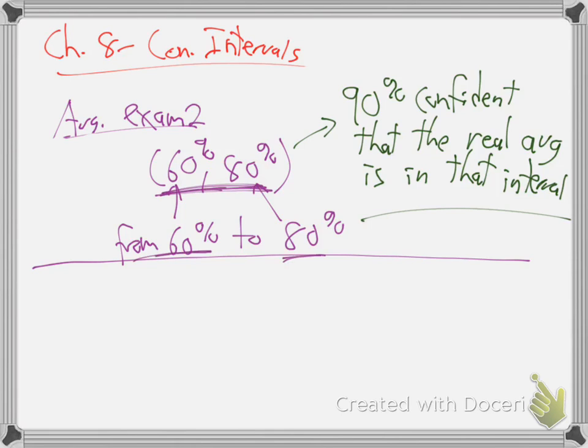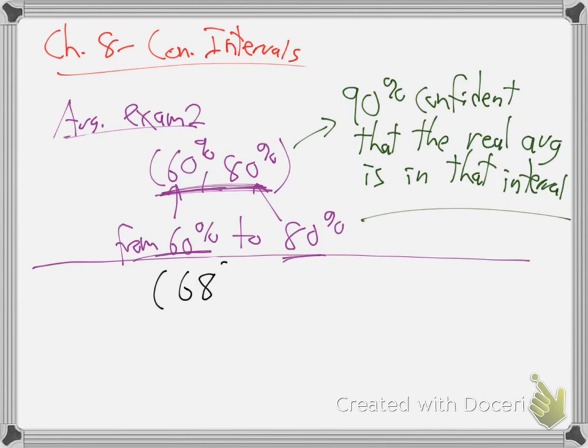Now think with me. What if I was to try to make a more precise statement? Because that has a range of 20 points, doesn't it? From 60 to 80. That's a pretty wide gap. What if I said, hey, I'm really sure it's between 65%. Well, let's make it even more narrow.